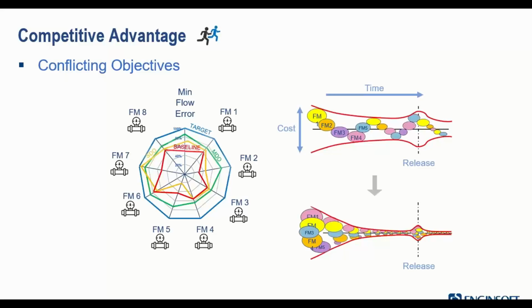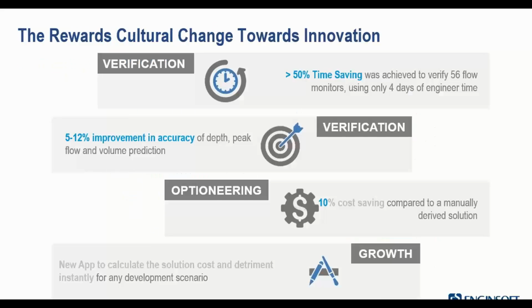So if we're verifying, we're trying to match curves, then rather than doing them sequentially, we're hoping to do them in a parallel manner. So you end up getting to the same point, but in a quicker and more cost-effective way. In terms of cultural change and the rewards of verification, we're going to show you how you can save up to 50% time, but we know from the Ofwat directives that if you can save 20%, then they're going to be very happy.